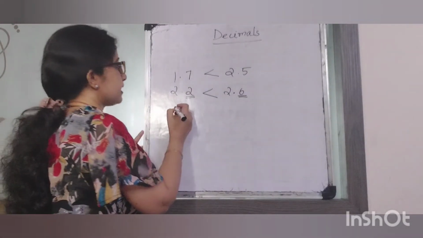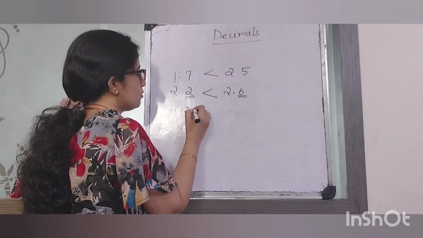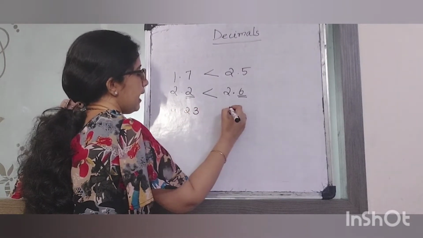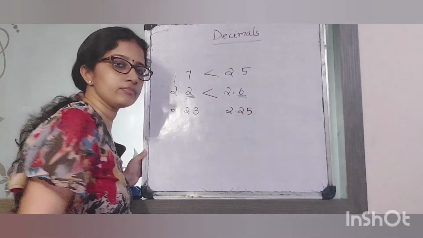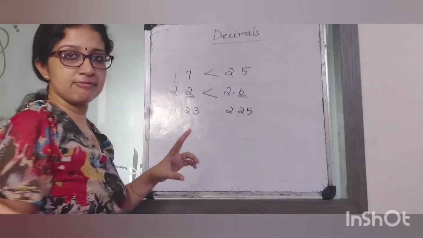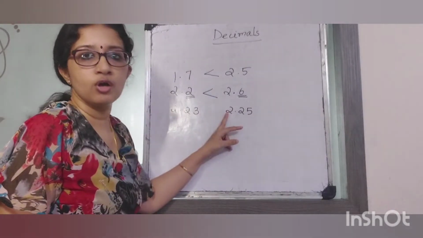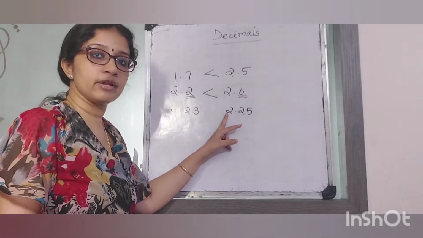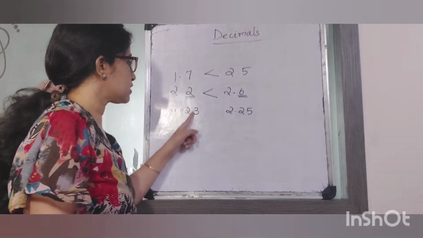Okay, now let's take another example. 2.23 and 2.25. Here what is the first step? You compare the left hand side digit, that is 2 and 2. Both are same, so we cannot conclude, right? Now go on to the right hand side of this decimal point.